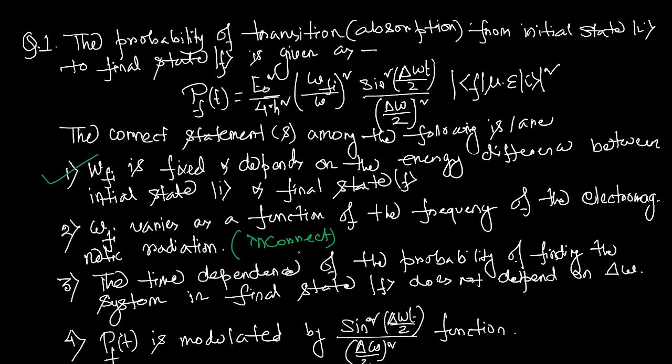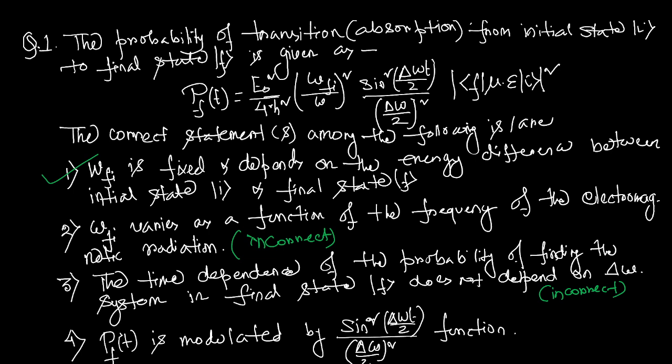Only omega is the angular frequency of the electromagnetic radiation. The statement that the time dependence of the probability of finding the system in final state doesn't depend on delta omega is an incorrect option, because you can see in the expression of the probability of transition, delta omega is already incorporated.